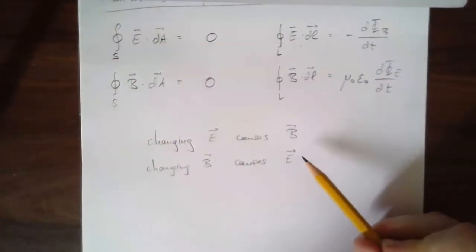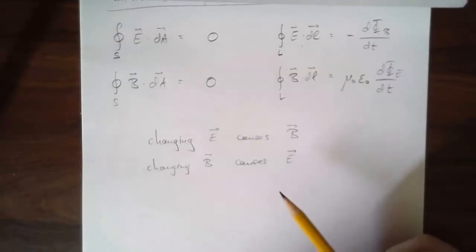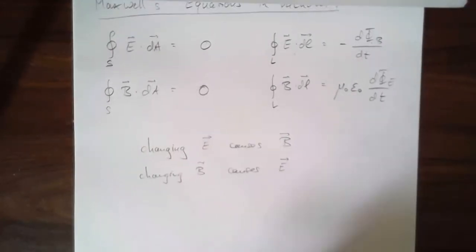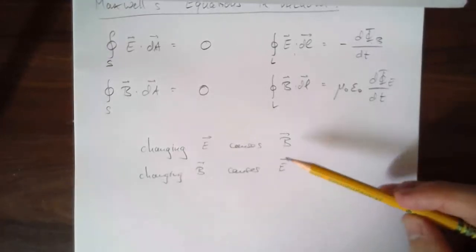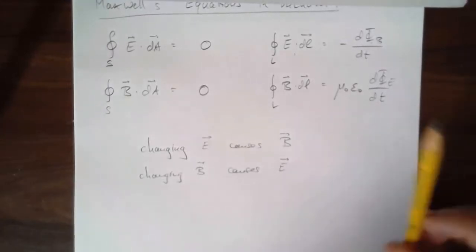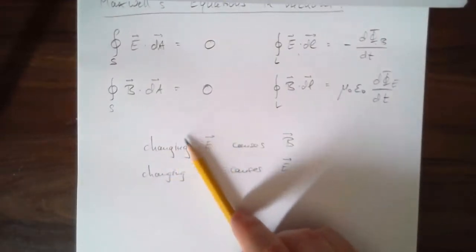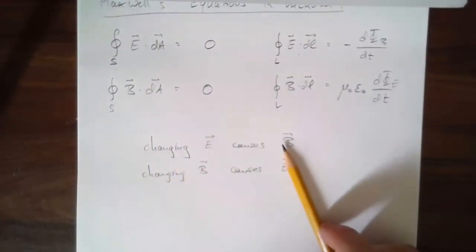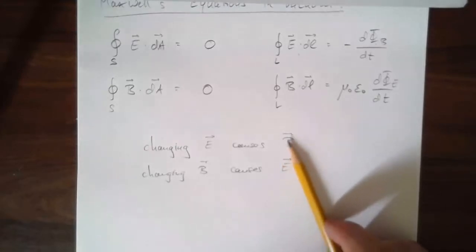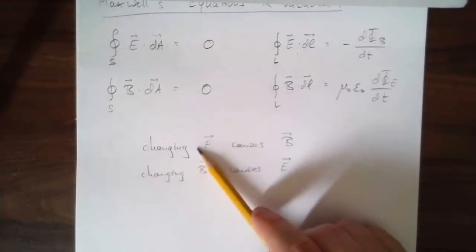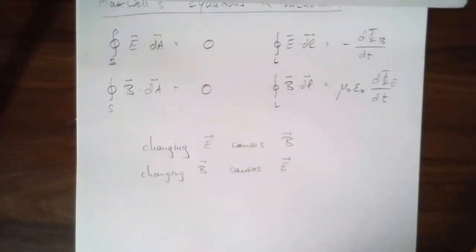Now, if you look at this carefully, you might say, hold on a minute. There are no currents out there in space, there are no charges, so it seems like all the fields should just be zero. But you look at those two statements and you say, wait a minute, is it possible that I could have an electric field that's constantly changing, and by constantly changing it's creating a magnetic field in such a way that that magnetic field is constantly changing, and by constantly changing it creates the electric field in the first place, kind of this circular dependence?